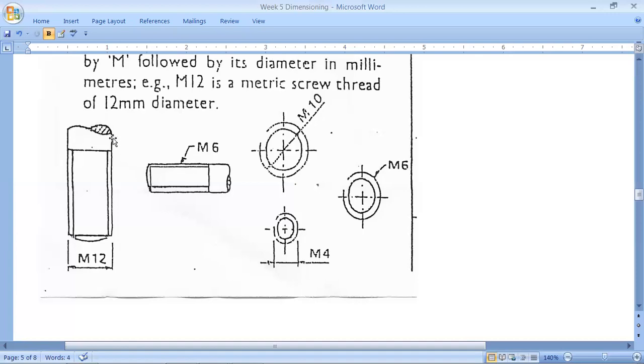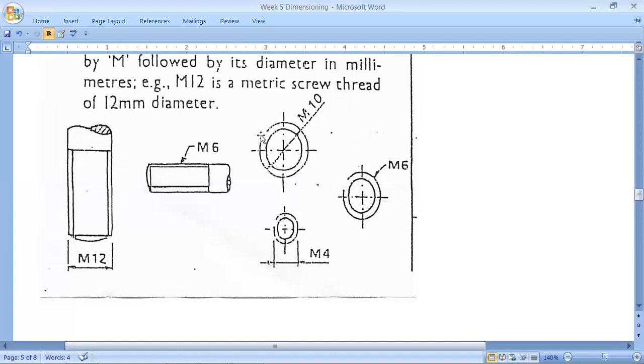When you represent the thread in a side view, you represent it with a line like this. When the thread is in front view, you put the circle, and then you put another one and break this line.